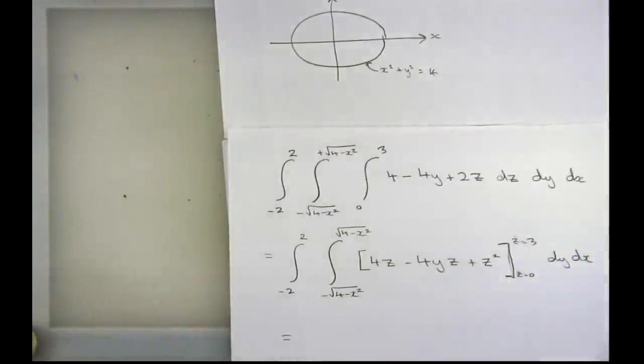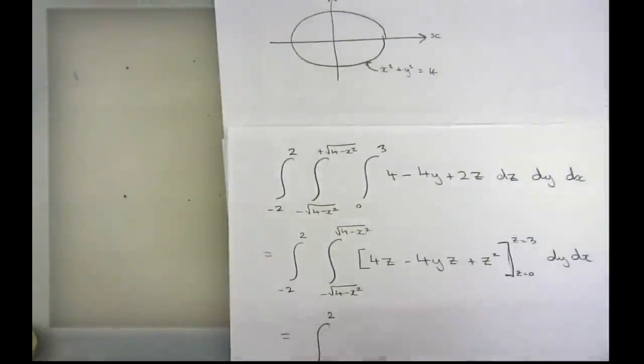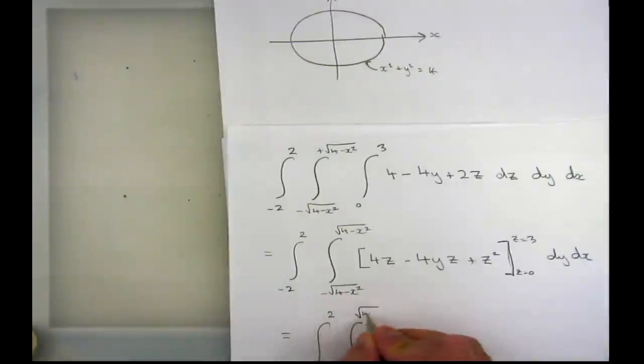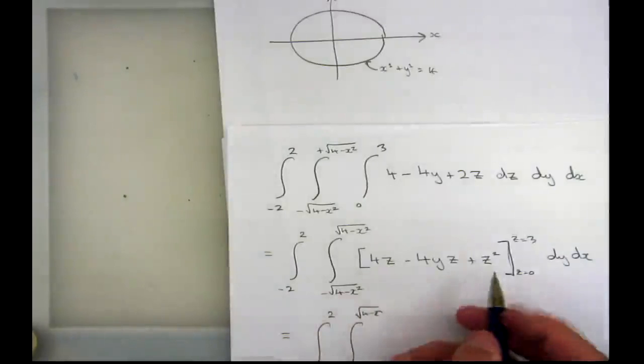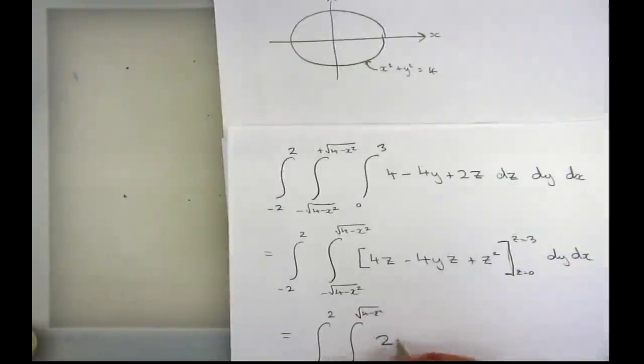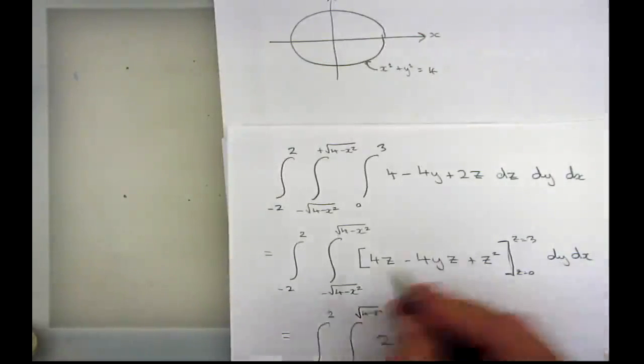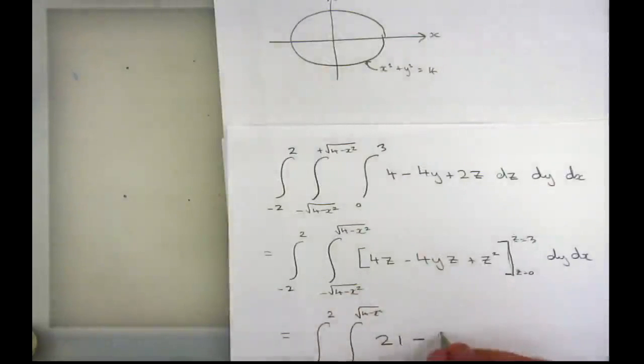So z equals 0 is always handy, but again, please don't do it in your head. Or some of you do, and tell me if I stuff it up. So what's that? That's 12 plus 9, so 21, because that's 0 is all 0 there, minus 12y.